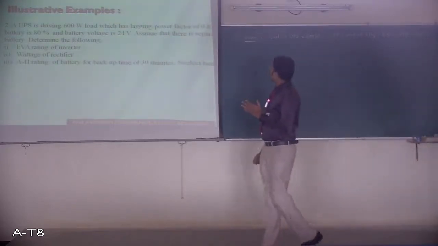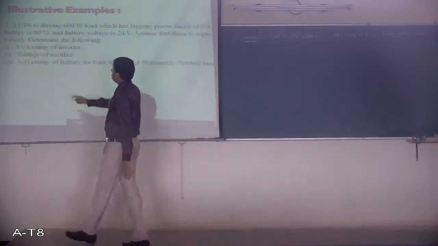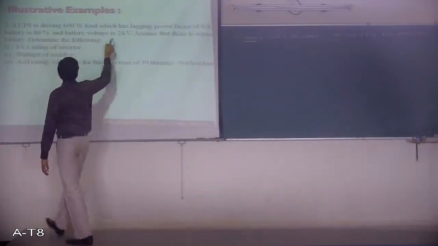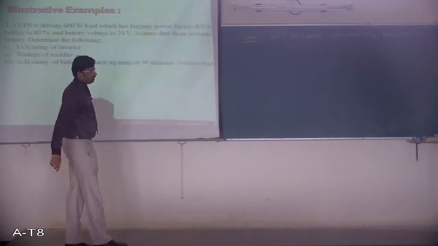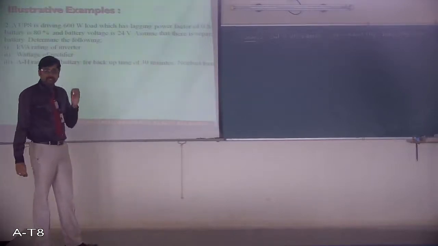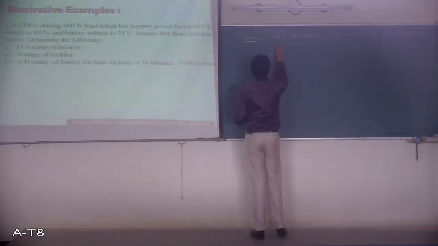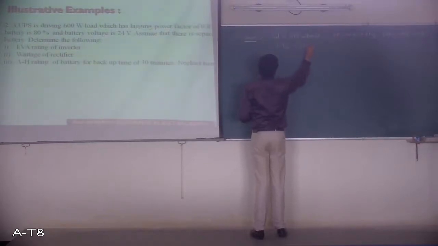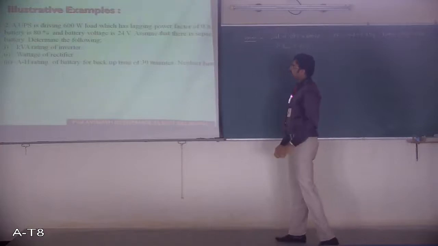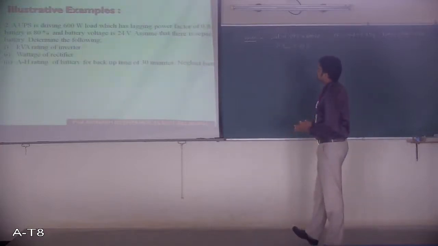Okay, this is a slight mistake here, you can just correct it. It is not a battery. Efficiency, I think even that is missing over there. It is not getting displayed correctly. Efficiency of the inverter is 80%. That is what is mentioned. So percentage efficiency of the inverter is 80%. And battery voltage 24 volts I have written already.